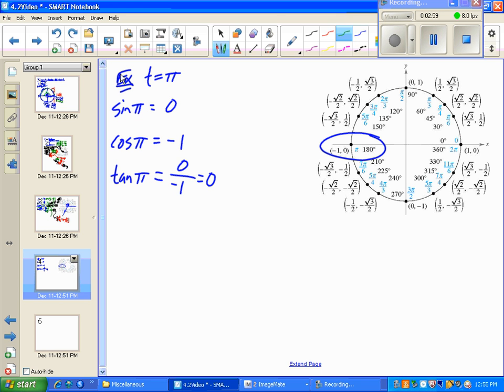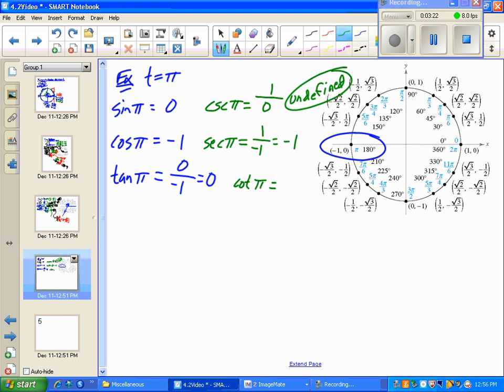What is your cosecant at pi? That's 1 over sine. Undefined, we cannot divide by 0. What is the secant at pi? 1 over cosine. What is your cotangent at pi?